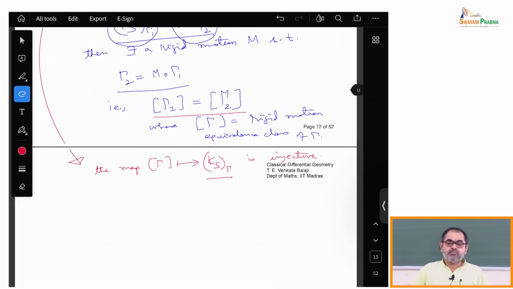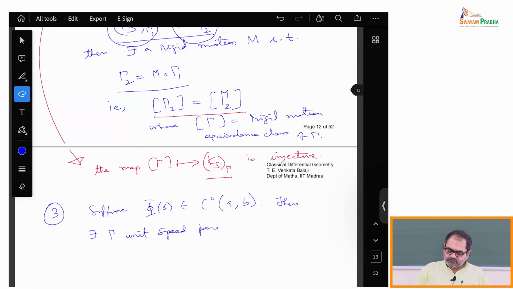Then you need to prove surjectivity, which is the next statement. So the third one: suppose phi of s is a continuous function on AB. Then you want to show that there is a unit speed parameterized curve for which this phi is the sign curvature function.